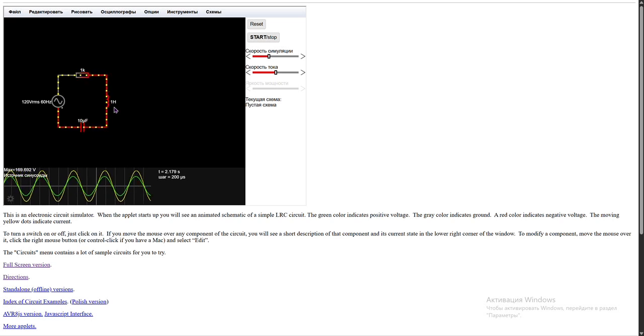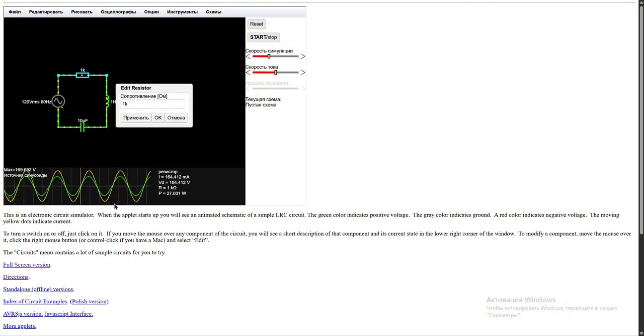Now let's verify our theory with the Falstad simulator. If I double the resistor value, you should watch the oscillation graph.